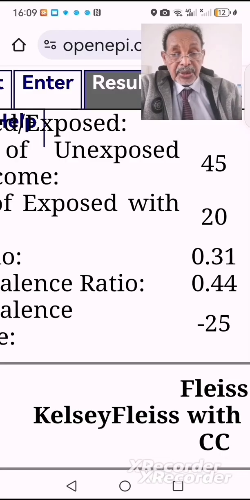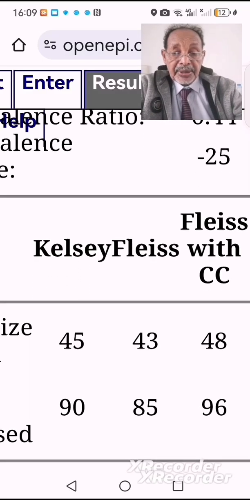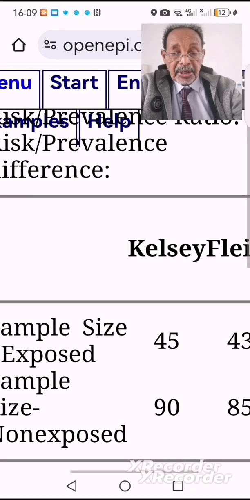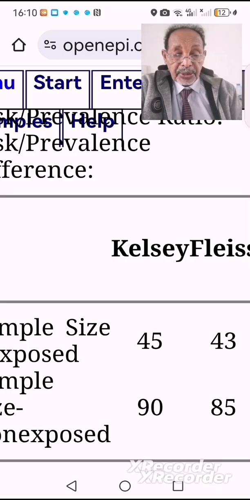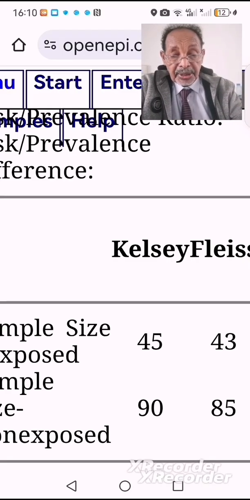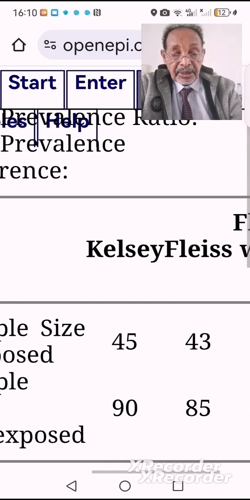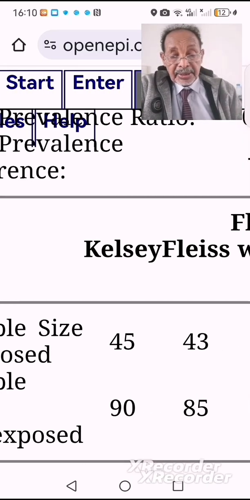Usually we get this either from the literature or from an expert. And the size for the exposed sample, that is the negative pressure wound therapy, is 45 patients. And for the routine moist wound dressing is 90 patients.